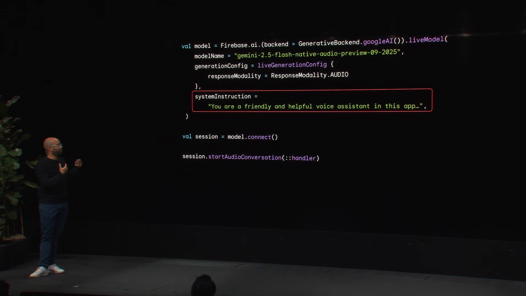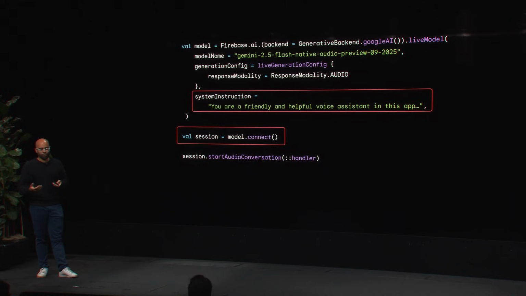Here we make it a helpful voice assistant, but that's also something you can use to limit the things that the model can actually do and keep it on the specific task. And then we call connect, that will create a voice session. And finally, when we are ready to start the voice interaction with the model, we call start audio conversation.